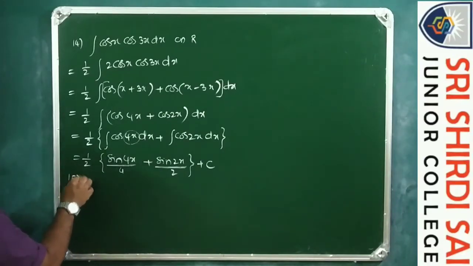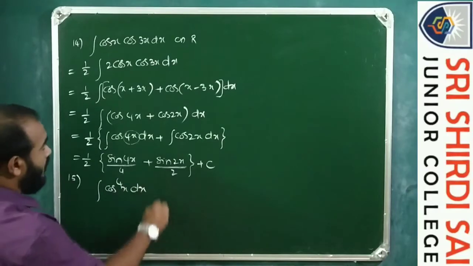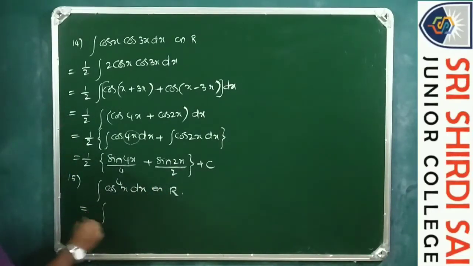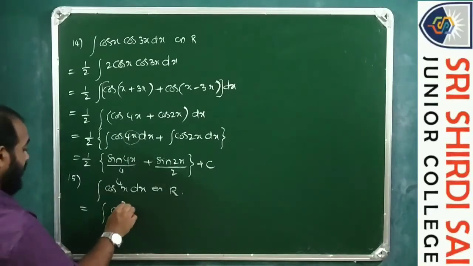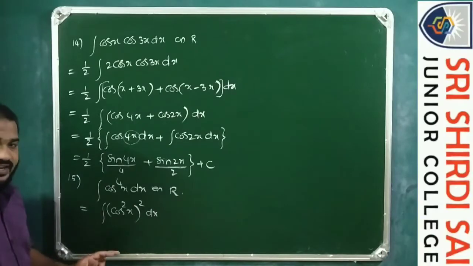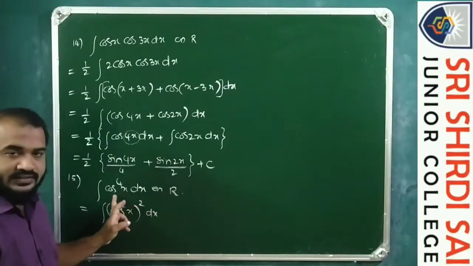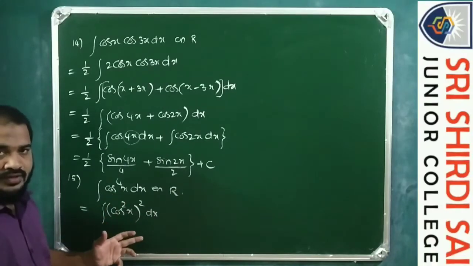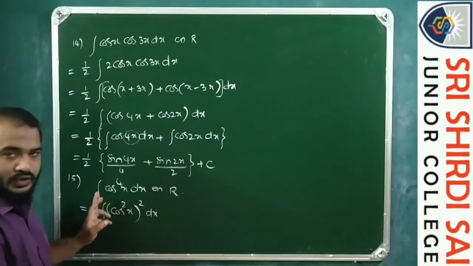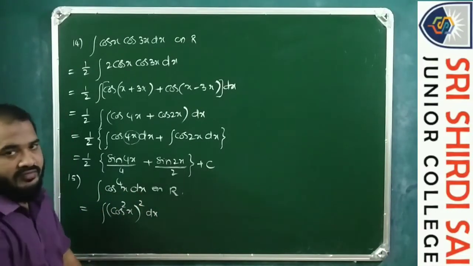So the next question is integral cos power 4 x dx on R. This cos power 4 x can be written as cos square x whole square dx, or you may even write it as cos cube x into cos x. Cos cube x can be derived from cos 3x, which is 4 cos cube x minus 3 cos x, and we can proceed from there.